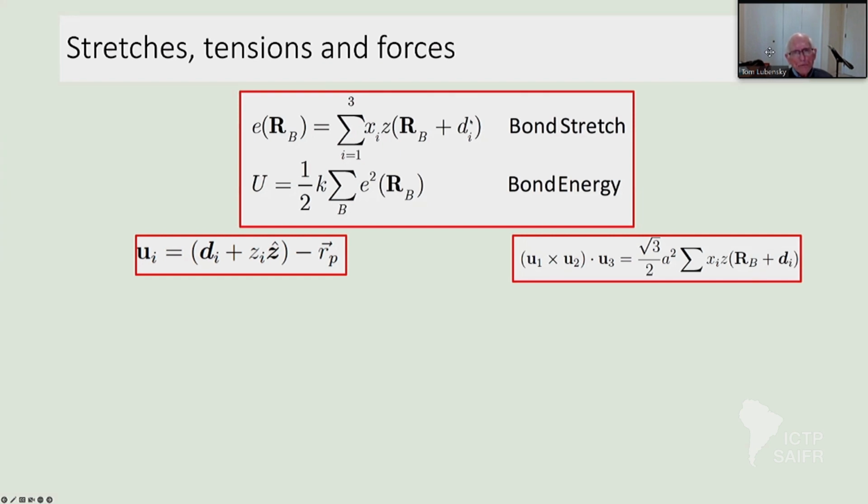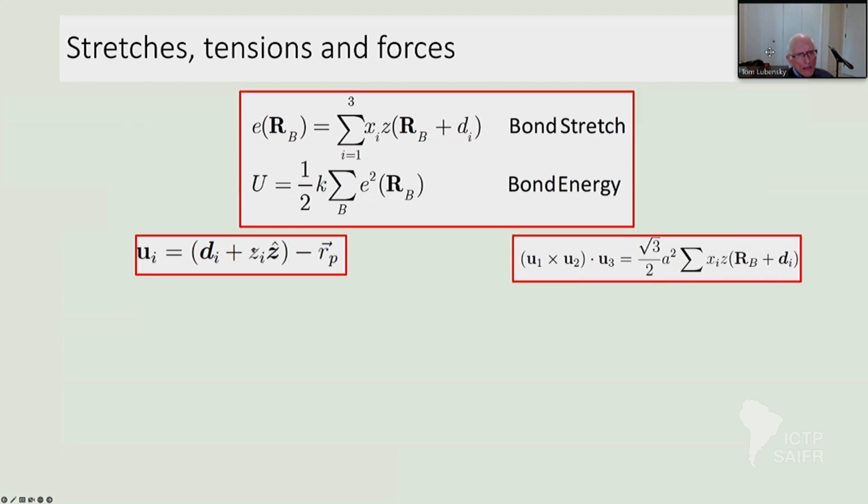So here we're summing over all of the DIs about a given bond. And again, the energy is that. And a displacement of the bond is DI, which is where it starts, relative to an RB. So this is an internal coordinate.